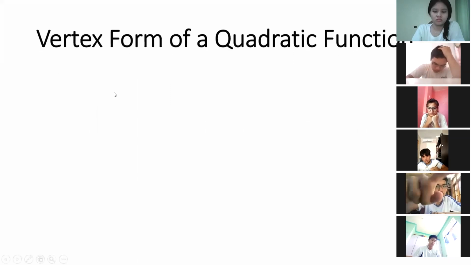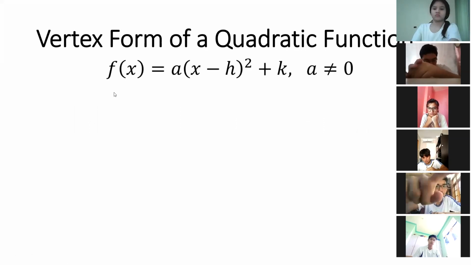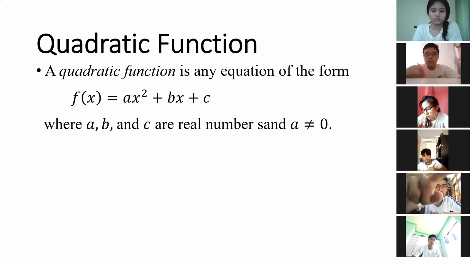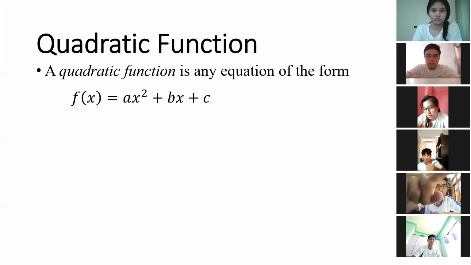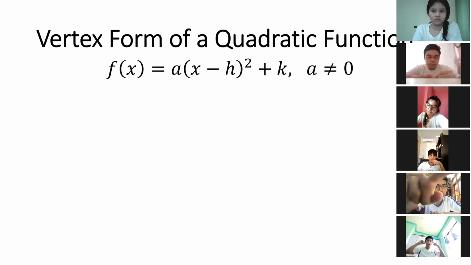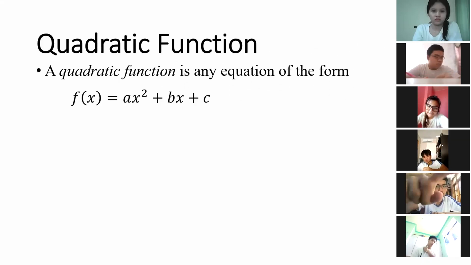The vertex form of a quadratic function is this notation: f of x equals a quantity x minus h quantity squared plus k, where a is not equal to 0 again. How did we get this form from this one? By the way, this is the general form.